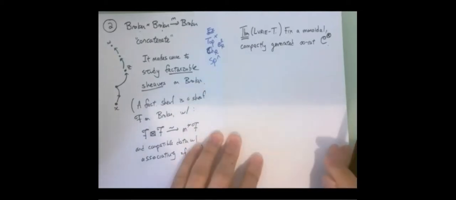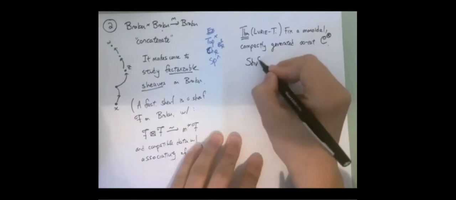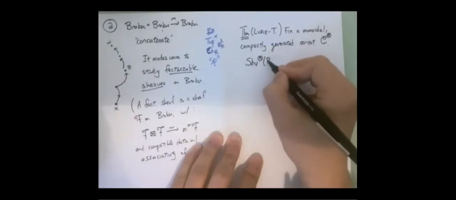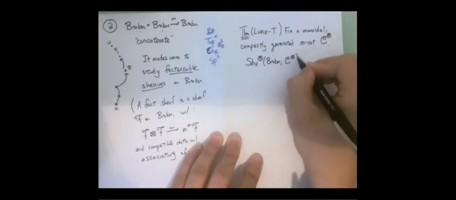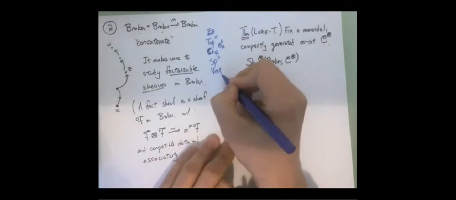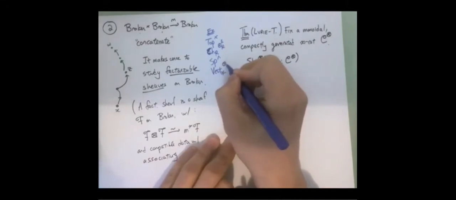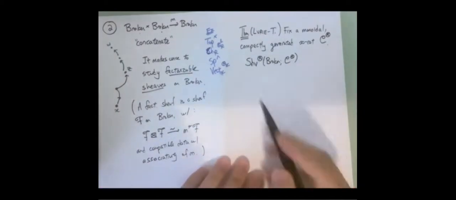Okay, then what's the theorem? So the theorem is that we can classify factorizable sheaves on broken with coefficients in C. Oh, and of course, a more down-to-earth example would be something like vector spaces over K with tensor product over K. So for example, maybe we have a sheaf of vector spaces on broken. Okay, that's a factorizable sheaf.